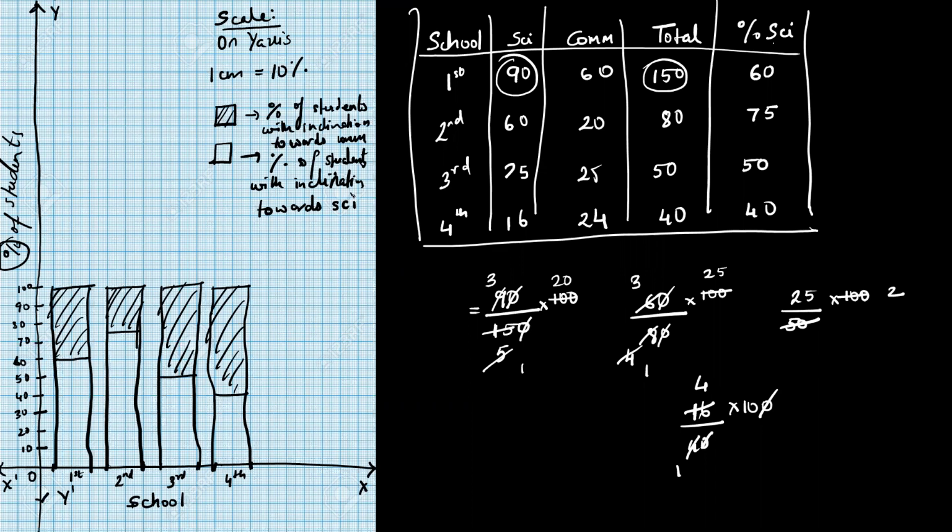Can you tell me the type? Question number 1: state the type of the bar graph. What type of bar graph is this? I hope nobody is going to write subdivided bar graph.